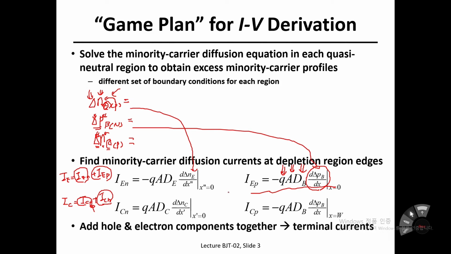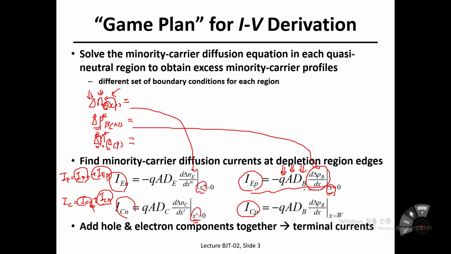Okay, then once we get those four different current components as a function of x here and there, in these three different new coordinate systems, right? Always x prime, x double prime, x single prime, and the original x-axis indicates how the minority carriers are diffused out.